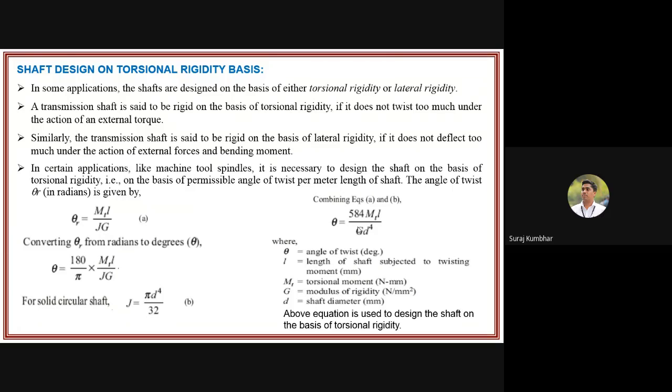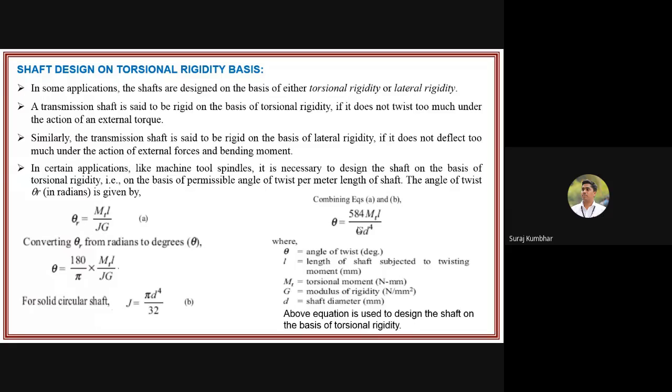So in tomorrow's lecture we will see the design of a shaft based on the ASME code, that is the American standard. Generally the design of the shaft will be based on the ASME code. That is the most important one. There will directly be a problem in the exam for 10 marks based on the ASME code.